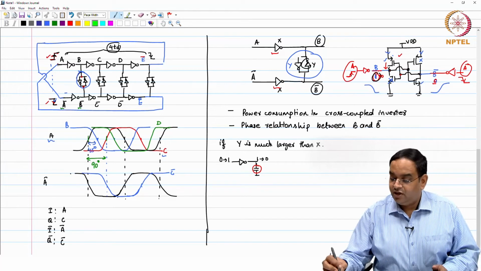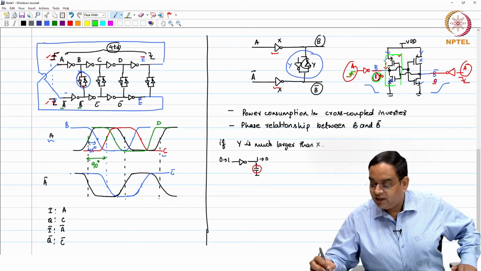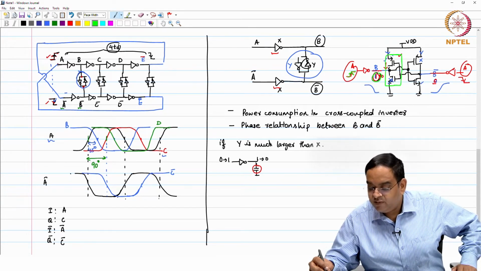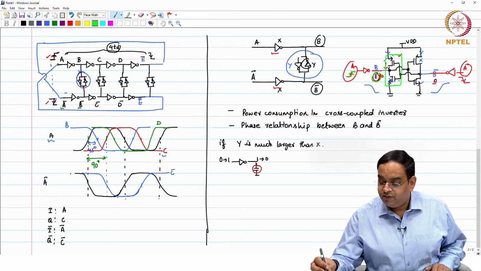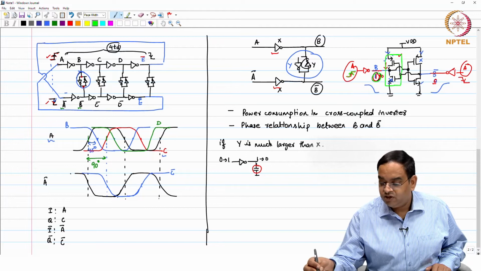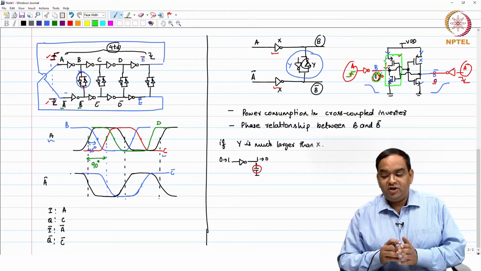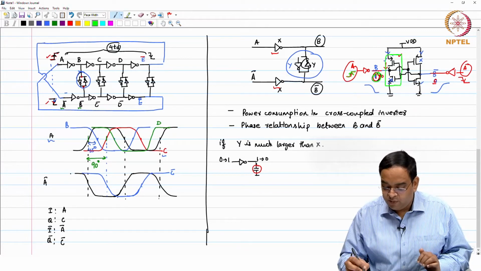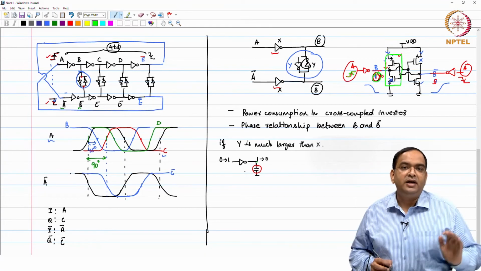So, when you make a change here at A, B resists the change, till the time you are able to change the input of this inverter. If you are not able to change the gate of this inverter, then because the previous value was 0, it will just hold that value at 1. So, it opposes. When you have some circuit which is opposing the transition, it will effectively be delayed.